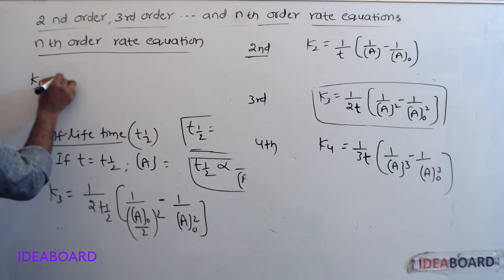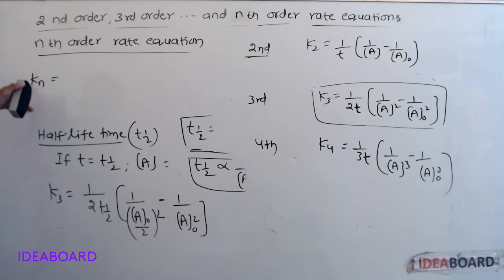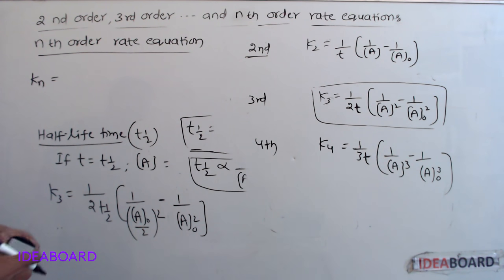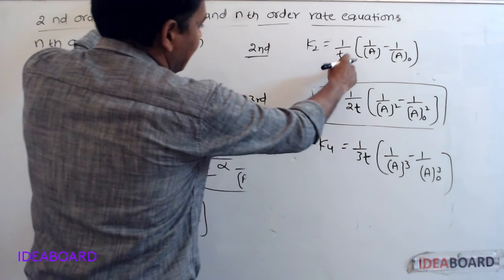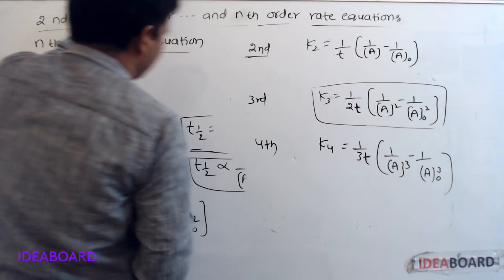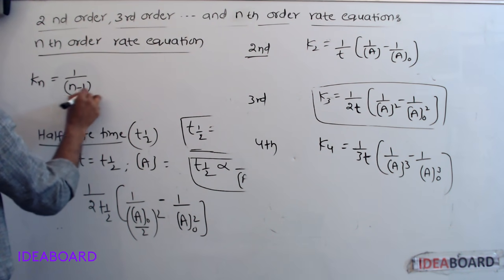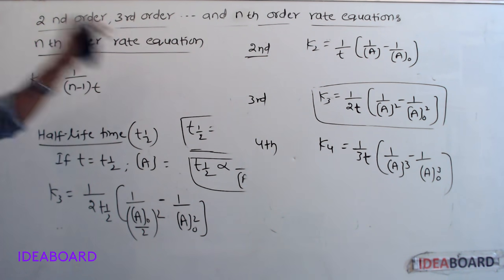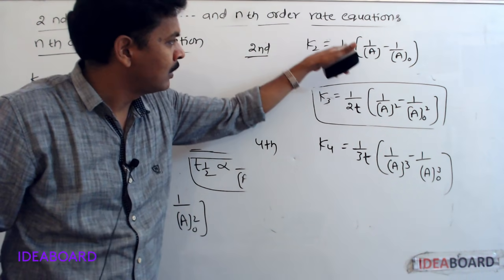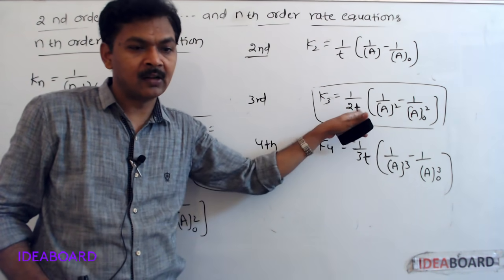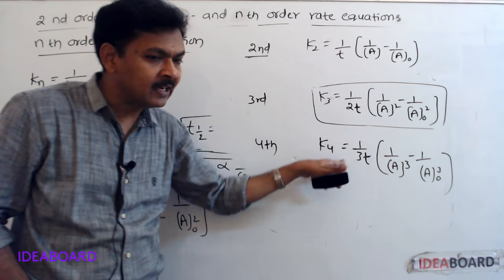I am taking Kn. Kn is the rate constant for nth order reaction. For second order, third order, fourth order, nth order, the factor is 1 by (n minus 1)t. Because for second order 1 by t is there, for third order 1 by 2t is there, for fourth order 1 by 3t is there.